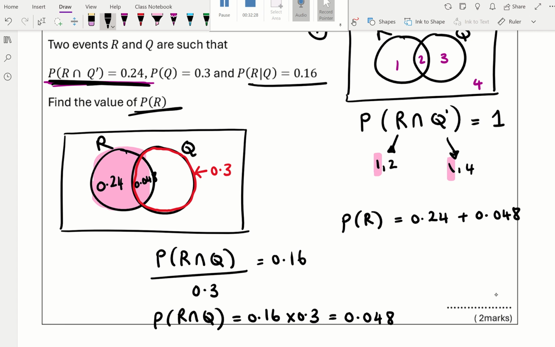And when added together, this gives 0.288. So really the thing you need to recognize is that this number is just R. And then you can use the conditional probability formula to find the intersection, and you add them together to find R.